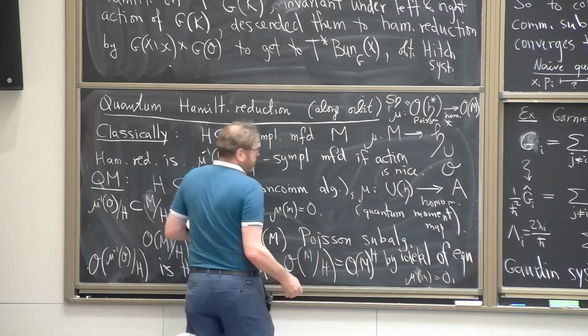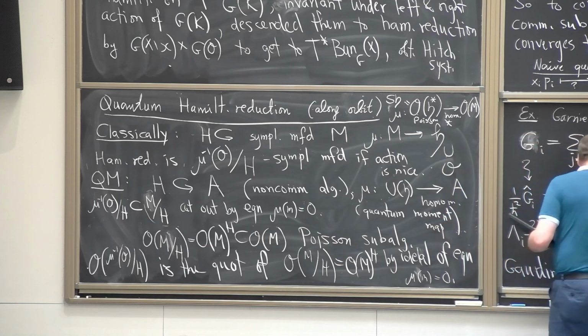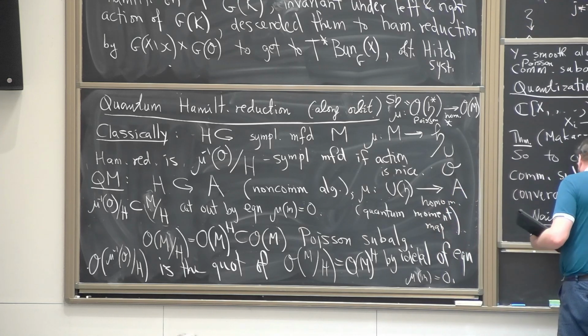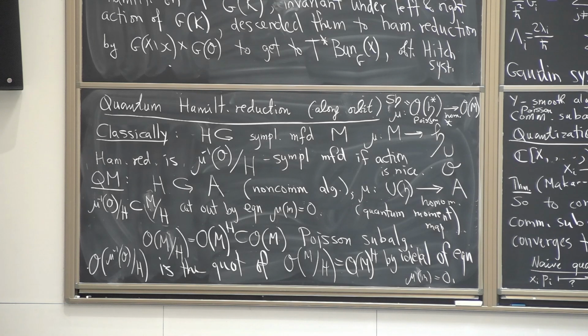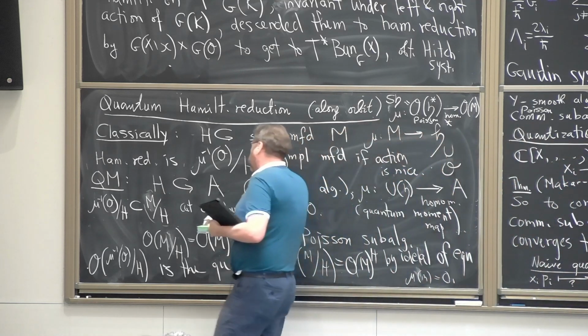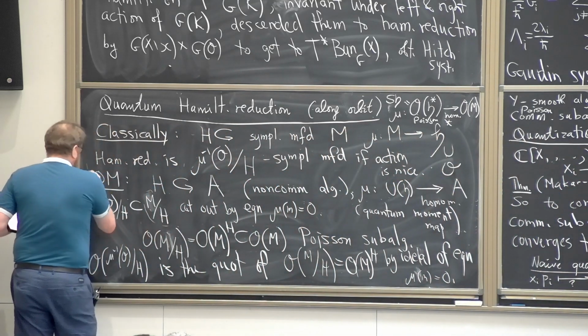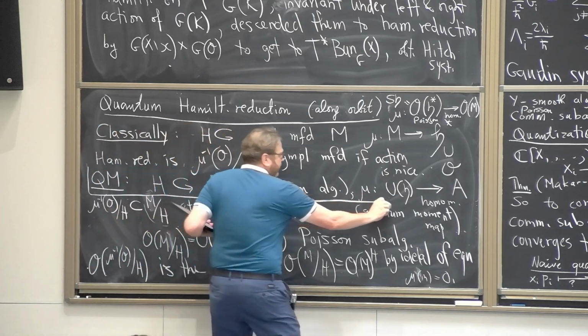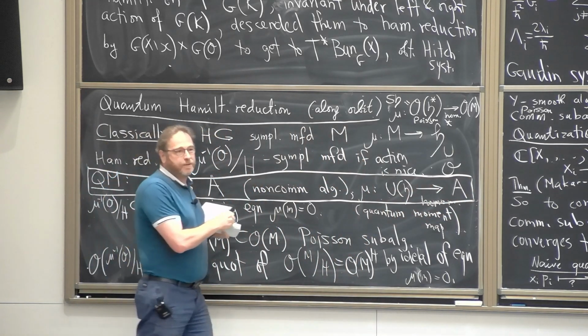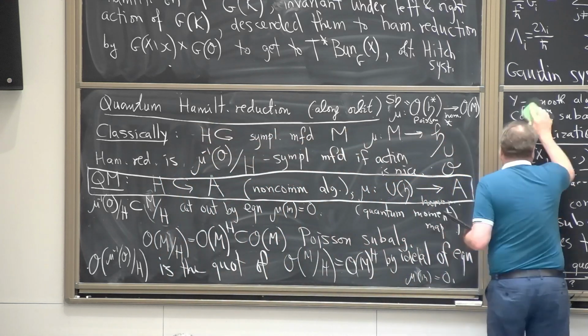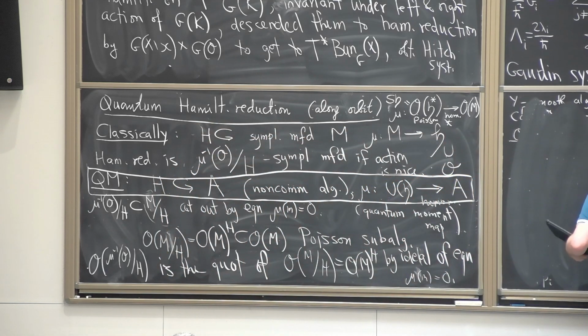So this is good because this is something that we can say in the quantum world. This is all classically, but I'm writing. So this is the data in the quantum theory, and then I need to understand what to do with this data. So I go back to the classical case and look at what we have there, and I translated it into a language that I can now extend to the quantum case.